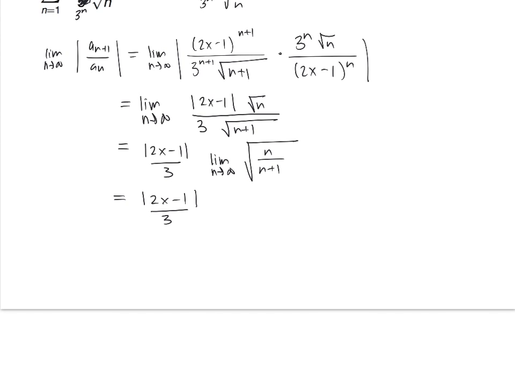Is that okay? Okay. So this converges if the absolute value of (2x minus 1) over 3 is less than 1, which is the absolute value of 2x minus 1 less than 3.